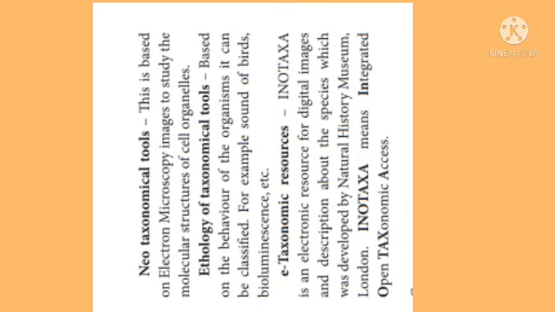Then the neo-taxonomical tool. This tool is electron microscopic imaging to study the molecular structure of cell organelles. Then ethology as a taxonomical tool. Ethology is a branch that deals with the behavior of organisms.